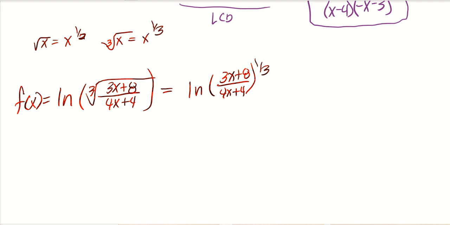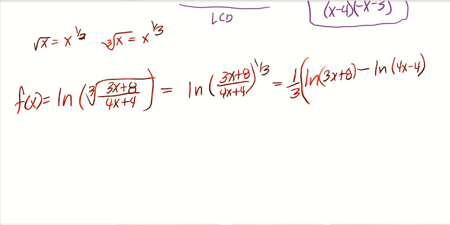Now we need to do one more thing before we get to doing the derivative. We'll bring this 1/3 into the front, which means this will be 1/3 natural log, but we are dividing these two terms, so I would look at it as 1/3 times the natural log of (3x + 8) minus the natural log of (4x + 4).